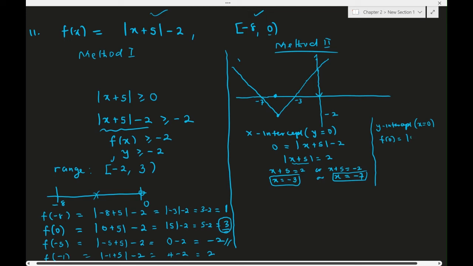F of 0, we said, is going to be 0 plus 5 minus 2, which is going to be 3, right? It is the same thing as this one. So it's 3. So the y-intercept here is at 3.